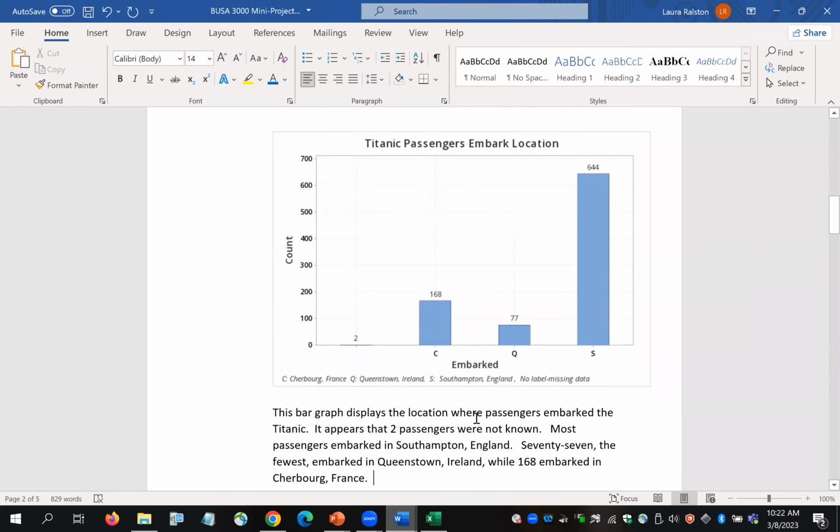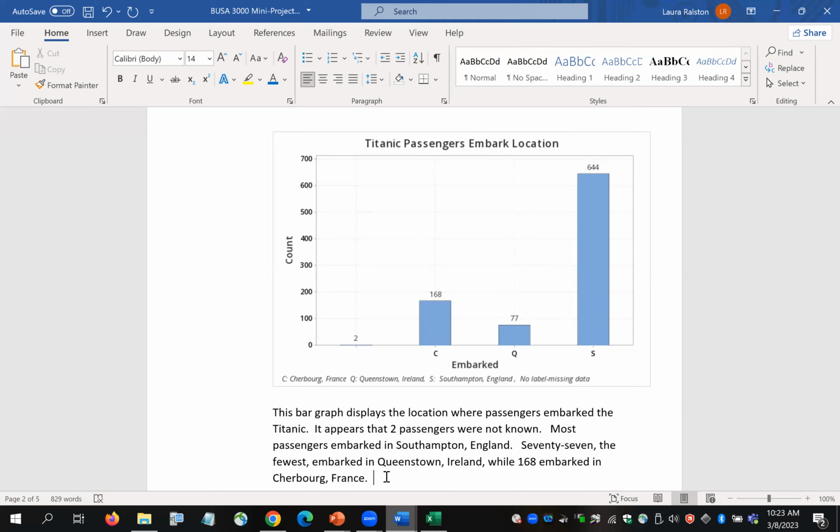So it's not a long descriptive paragraph, but I've put it in words. Think about it. If someone has difficulty seeing, a visual impairment, you are trying to explain to them what that graph displays because they can't see it.